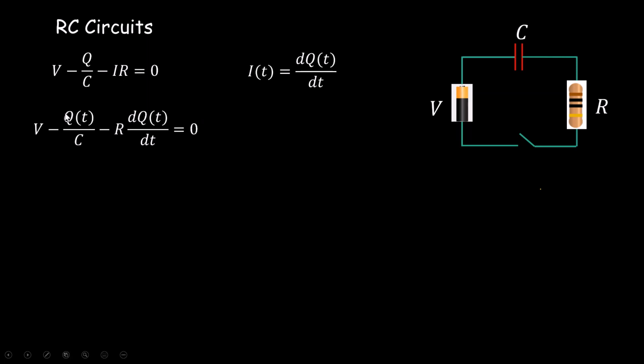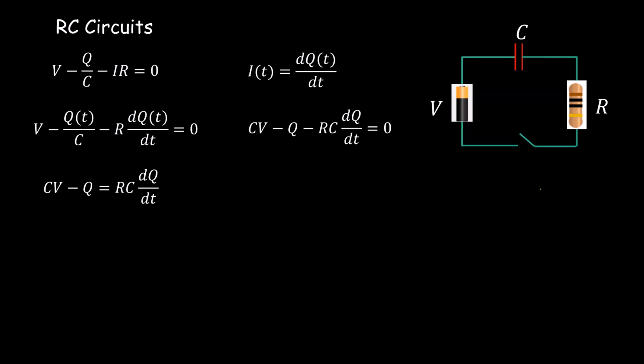So to make it look simpler, I take away the time dependence because we know that Q is a function of time, and then I multiply by C to get rid of the denominator, and then I move this RC dQ dt to the other side. It becomes like this. The idea to solve this equation for Q as a function of time is separation of variables.